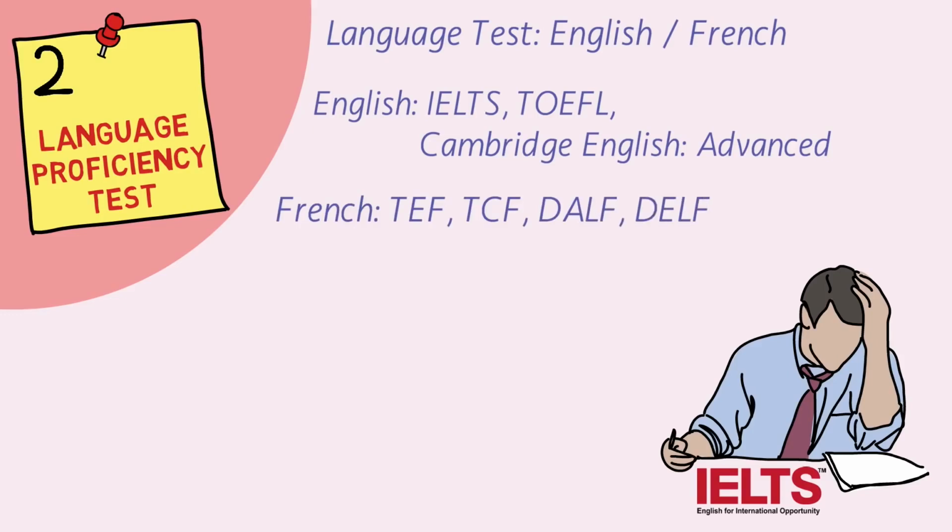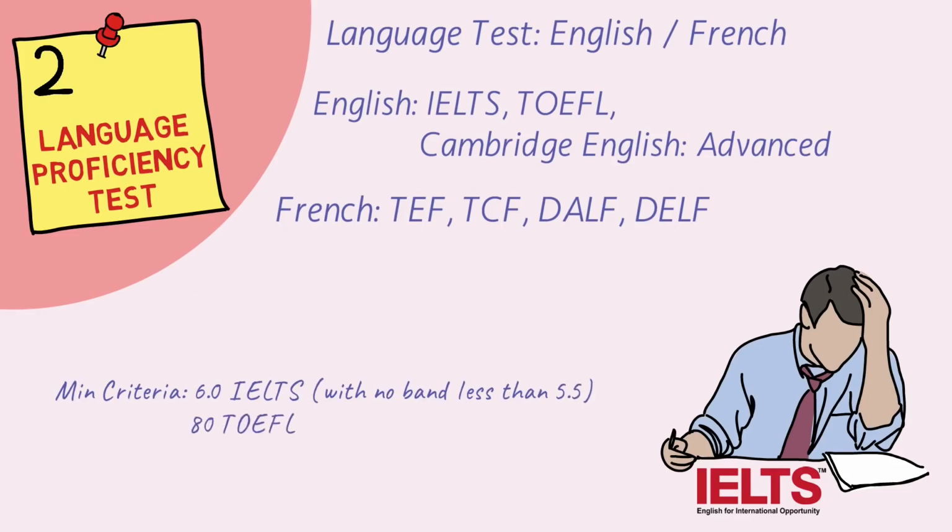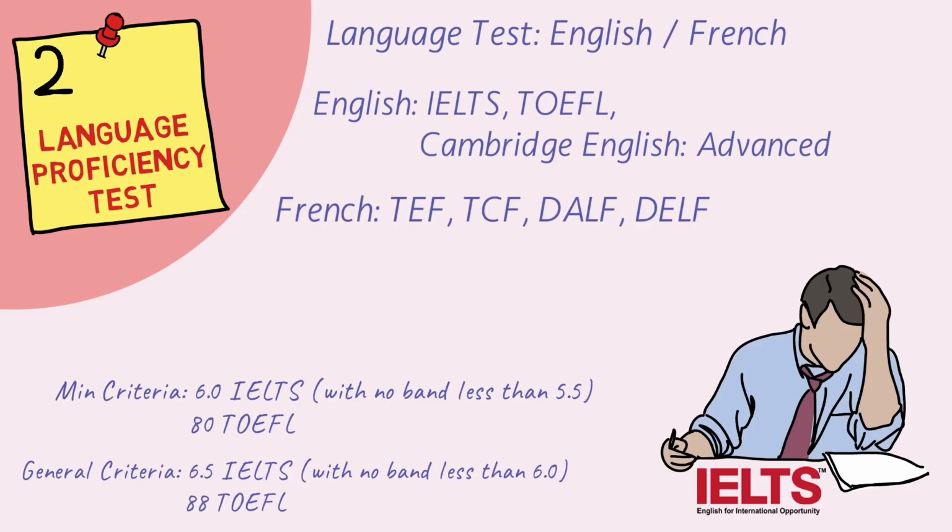Now, talking of the criteria, you would see that most of the colleges and universities ask for a minimum of 6 bands of IELTS with no band less than 5.5, or a TOEFL score of around 80. The general criteria is 6.5 in IELTS with no band less than 6.0. Similarly, 88 score in TOEFL.